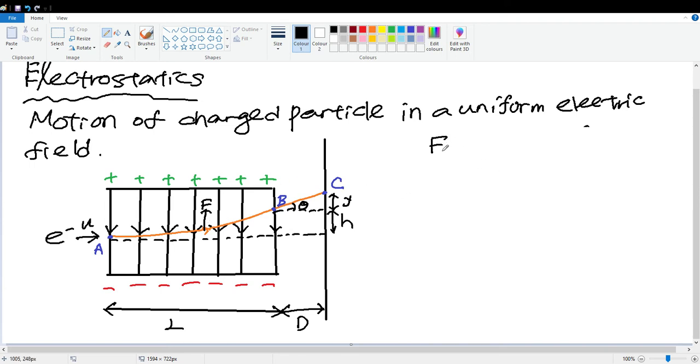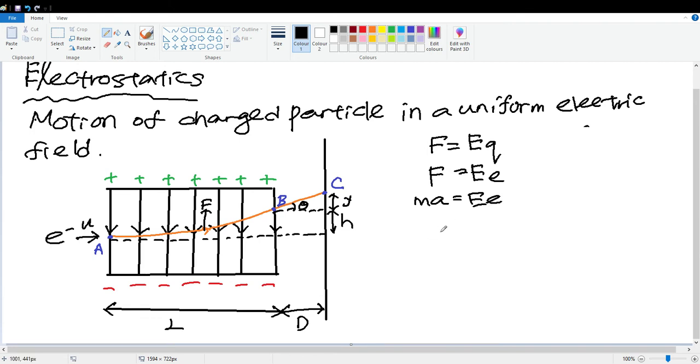So my F is equal to the electric field times the charge. Since the charged particle that we use is an electron, what we need to do is put this one as e, and this is F. In this case, F is equal to ma, which is equal to eE.